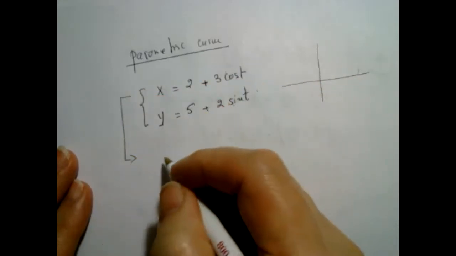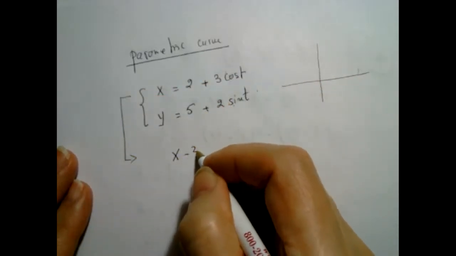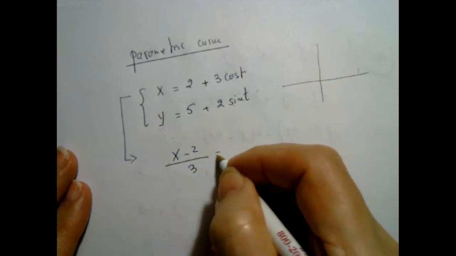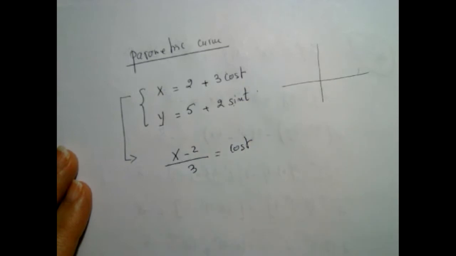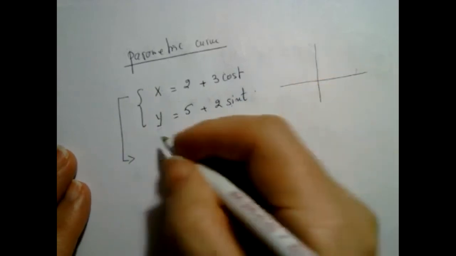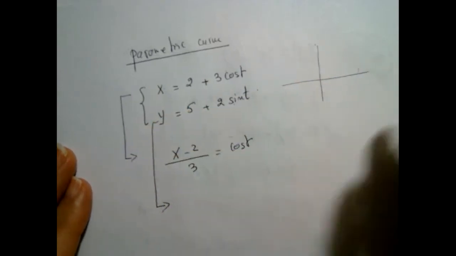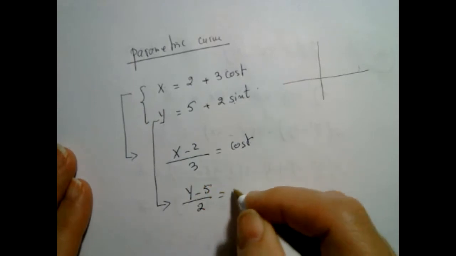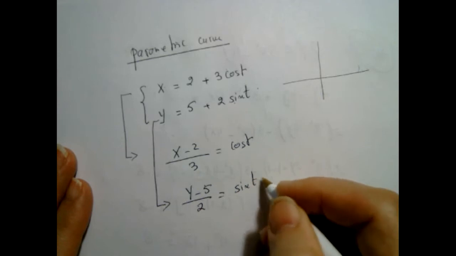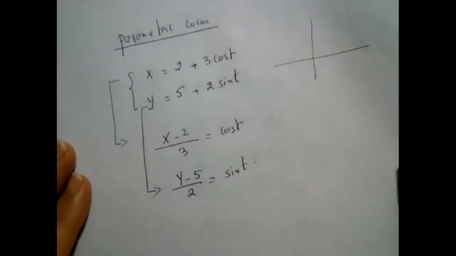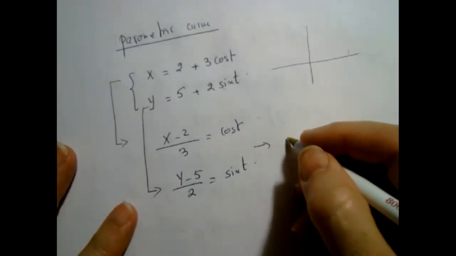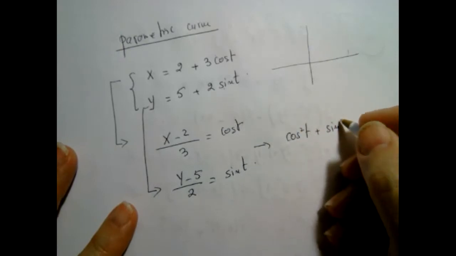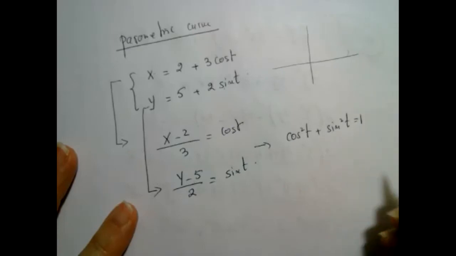The first, as we did before, will give me (x minus 2) over 3 equal to cosine. This one will give me (y minus 5) over 2 is equal to sine. So now when I square both, this is equal to 1.